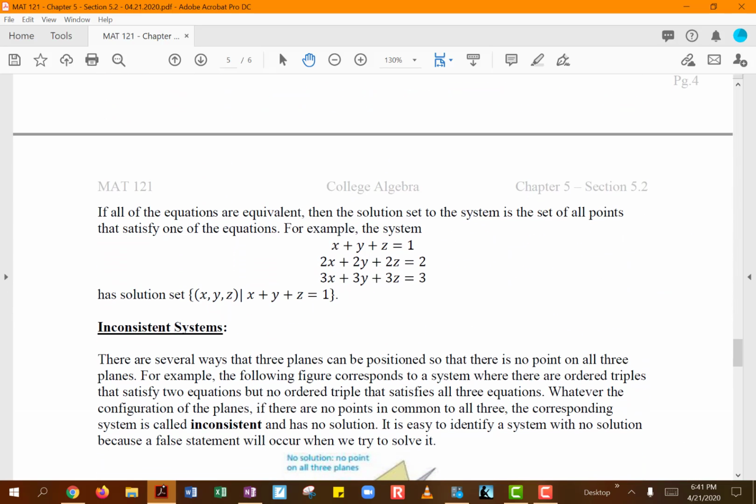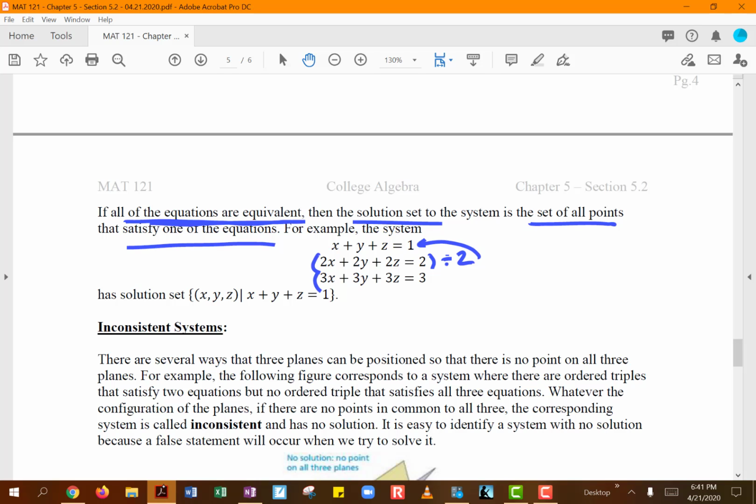All right, let's see what they're saying here. So basically they're saying if all equations are equivalent, if all the equations are the same, then the solution set to the system is going to be the set of all points that satisfy any one of the equations. So if all 3 equations are equivalent, which, think about this, if I take my second equation and divide it by 2, I'm going to get the same answer as equation number 1.